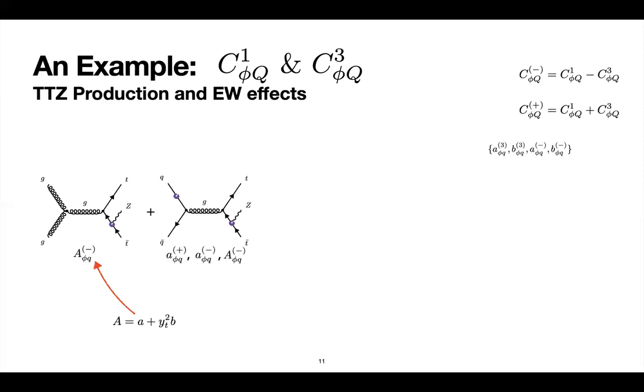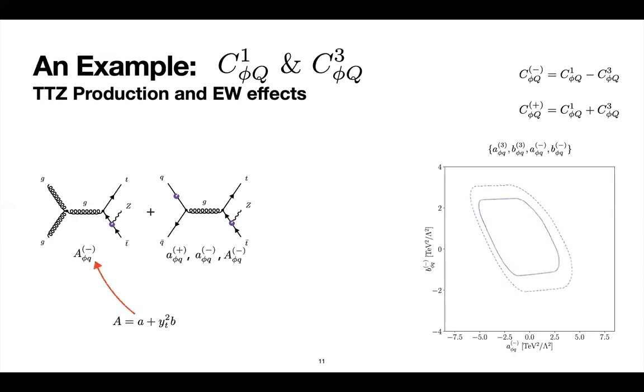Now, if you include the quark-induced T T-bar production, you can radiate off the Z either from a final state or from an initial state. And by doing that, you will gain sensitivity to A and B with different coefficients. So you will constrain actually a different direction in parameter space.